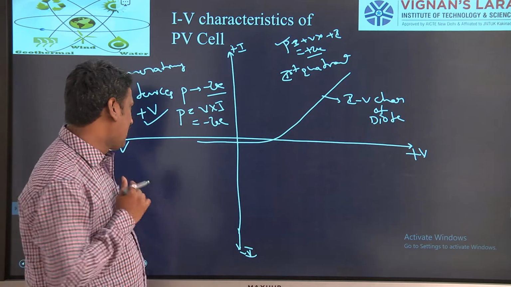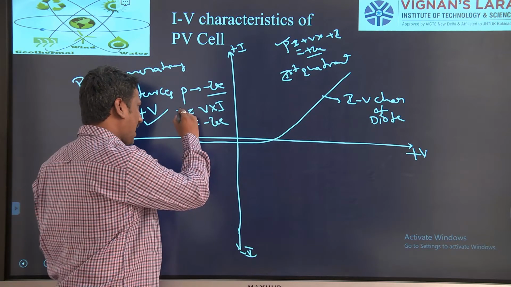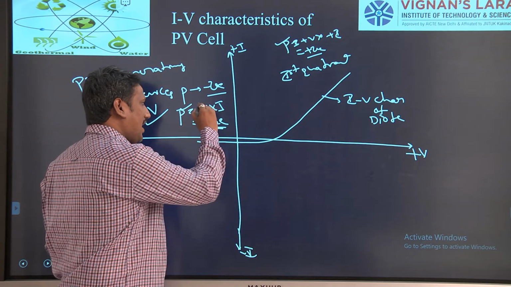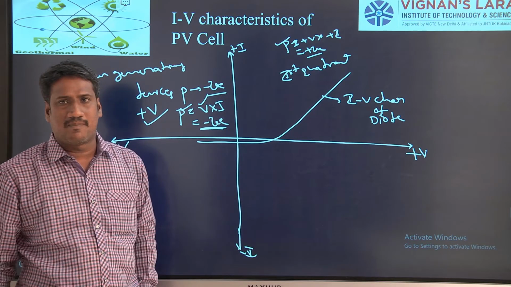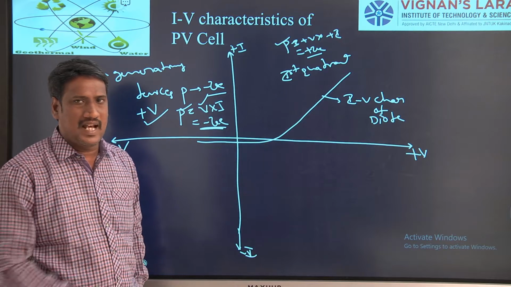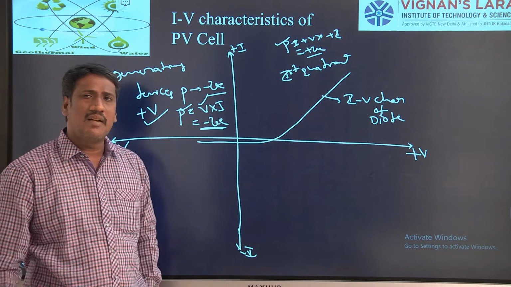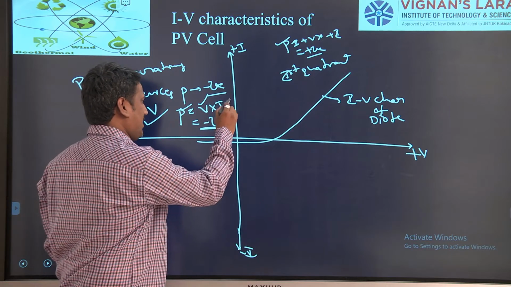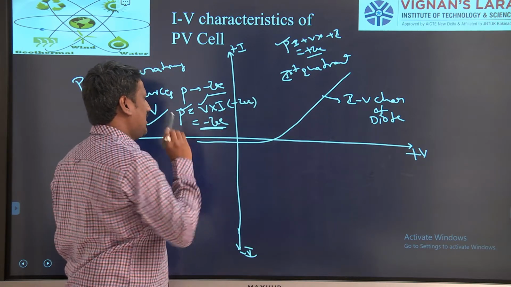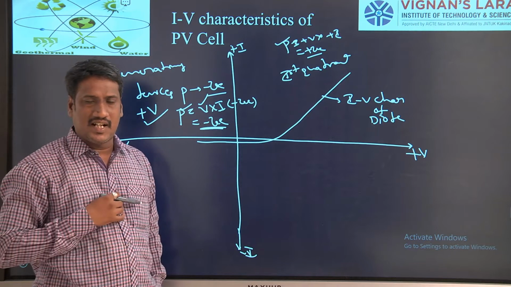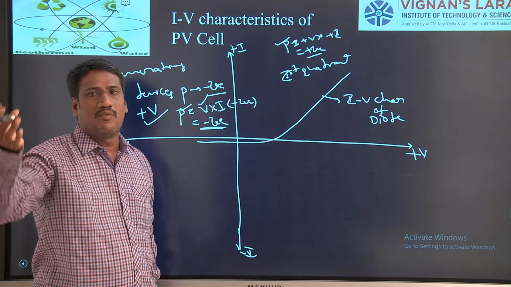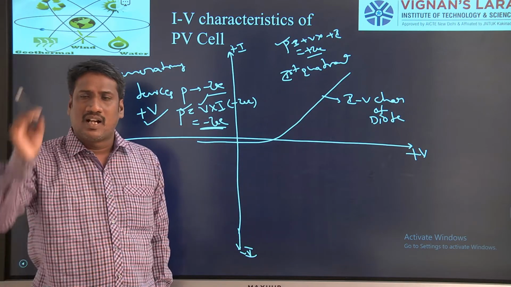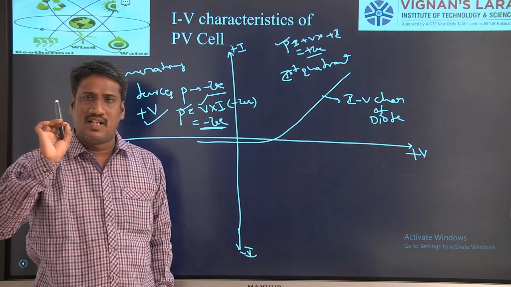In order to have P as negative, and since voltage is already positive, current must be negative, as P has to be negative for generating devices. Already I am saying voltage is positive for PV cell. Compulsorily current has to be negative.